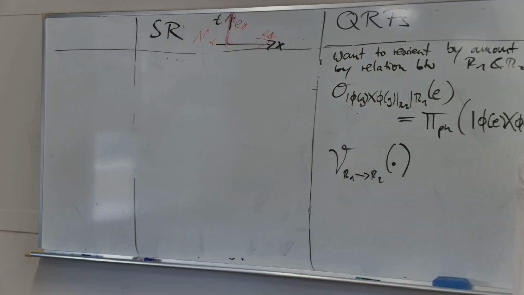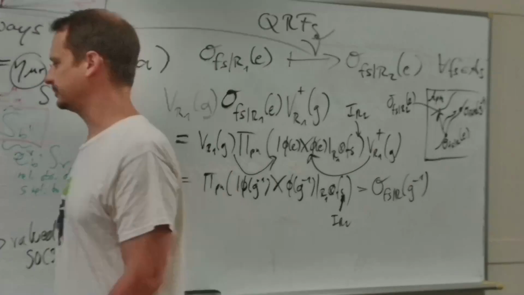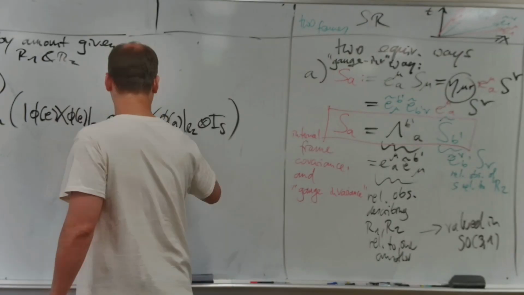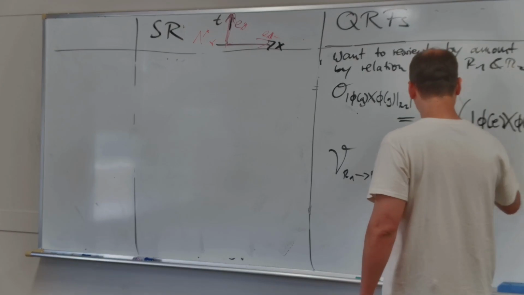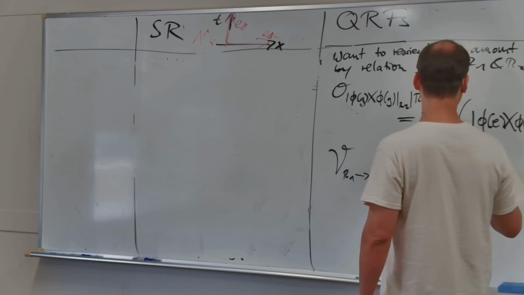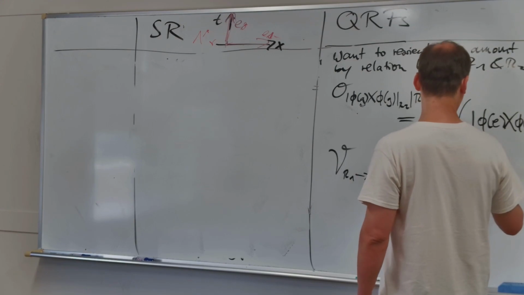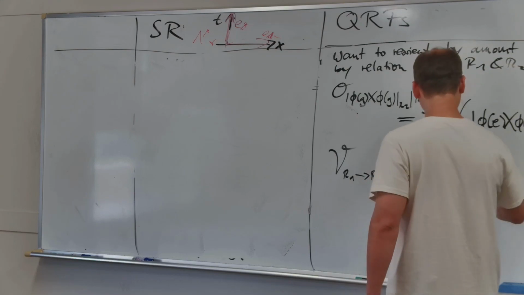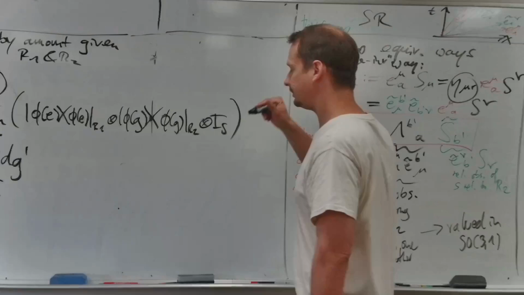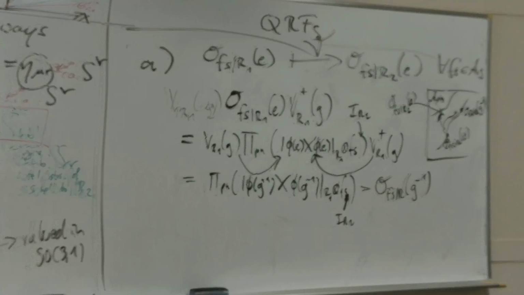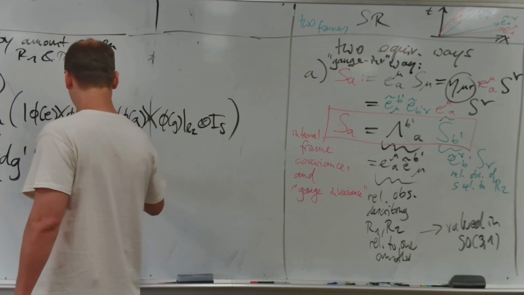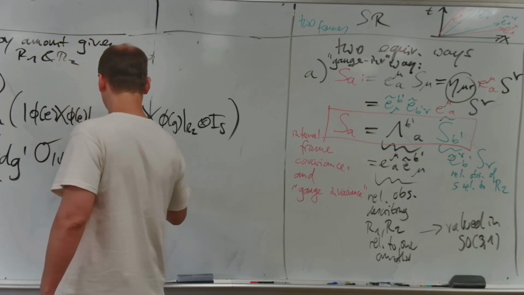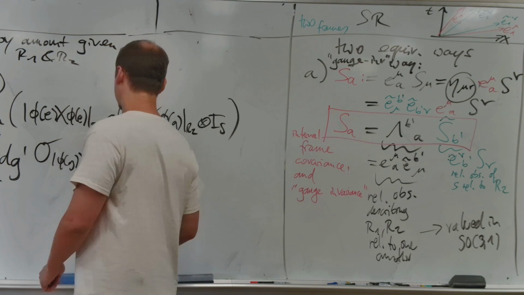So here there's this block for inserting some arbitrary observable, relational observable I should say. And now that's called G prime, sorry. And I'm going to insert this guy here, phi of G, 2, 1, E.